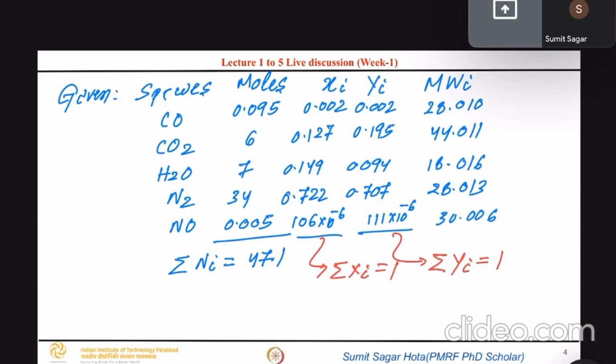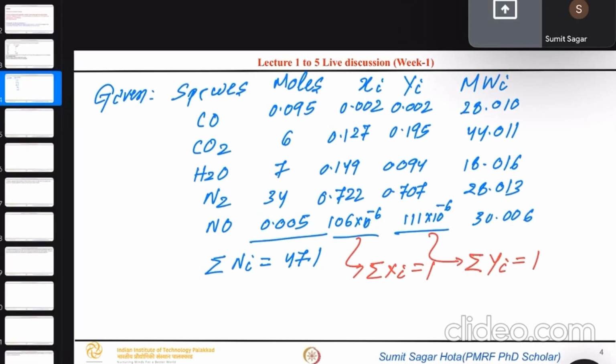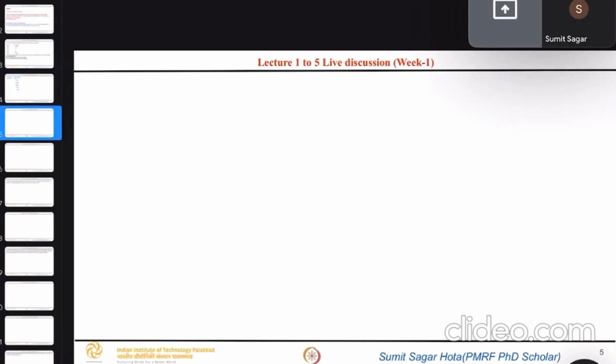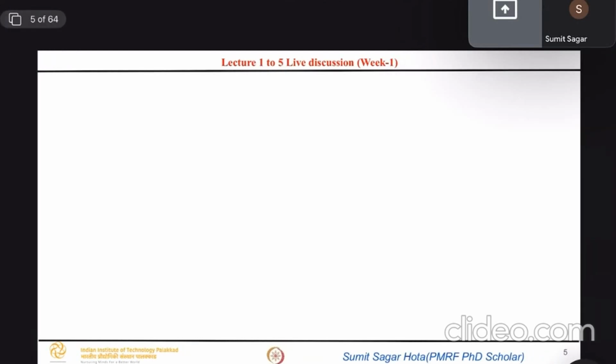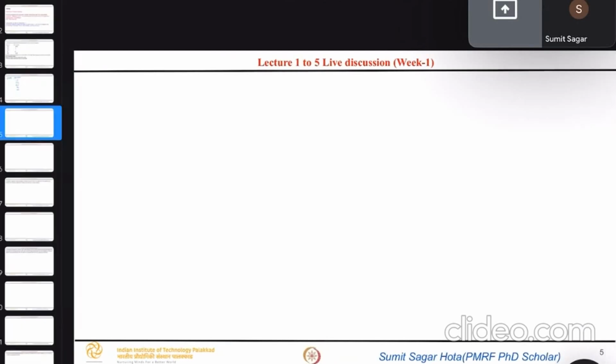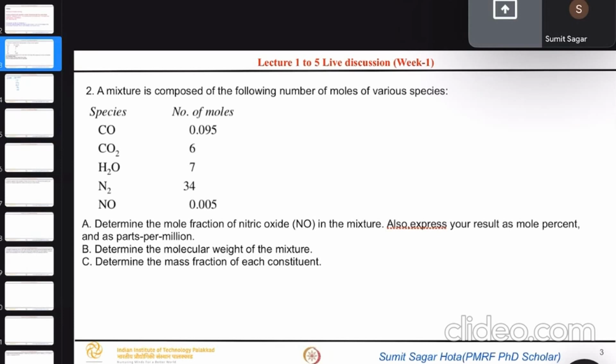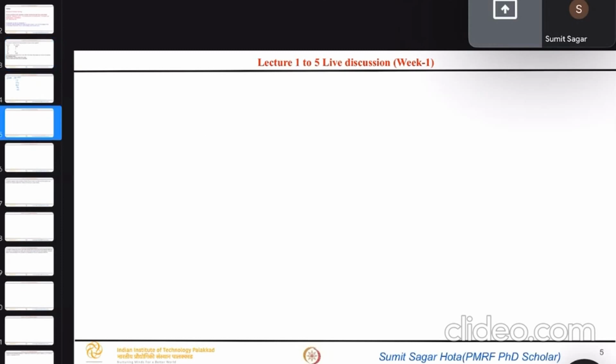Now we have to calculate Xi, because in the question they want us to determine the mole fraction of nitric oxide in the mixture. Also express your result as a mole percent and as parts per million, that is ppm. So now I am calculating.